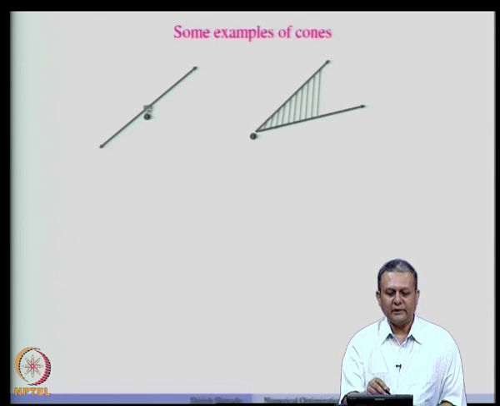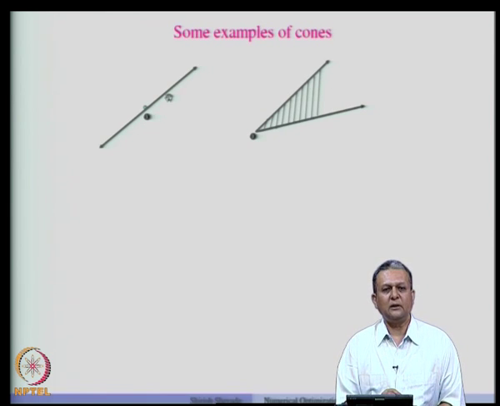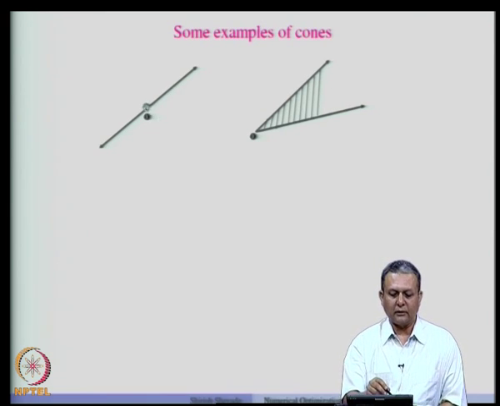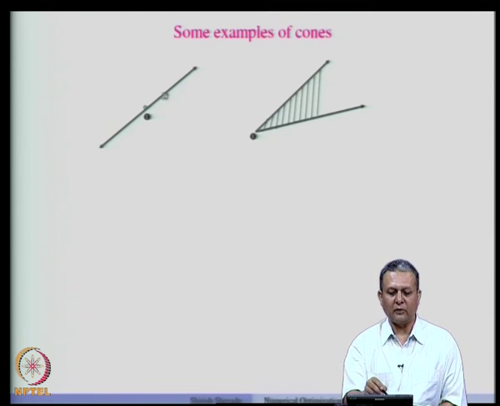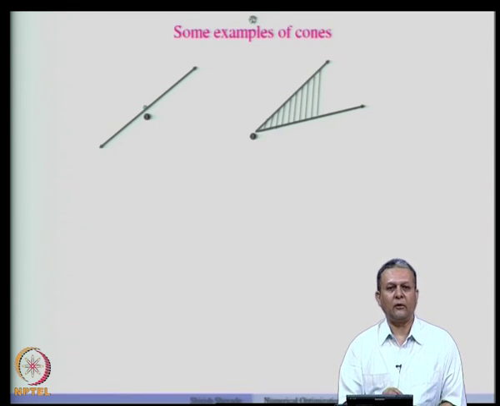Now, we will see some examples of cones. On the left side you will see a line passing through the origin. Now, this is a cone, because if you take any vector in this set and take a non-negative multiple of that vector, that always belongs to the set. If I take a vector here and take a non-negative multiple of this, it would lie along that ray starting from the origin.